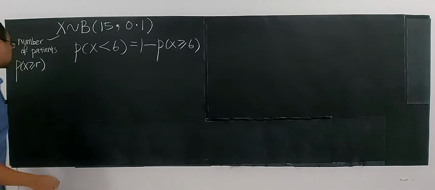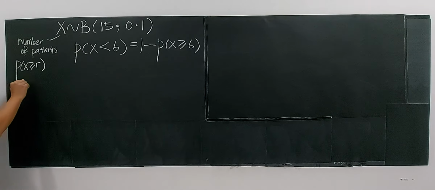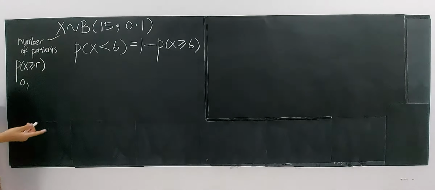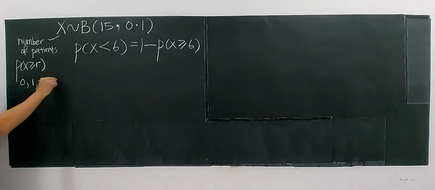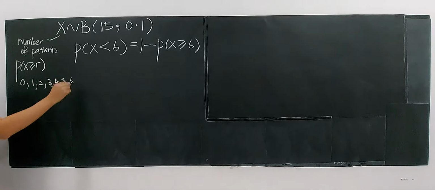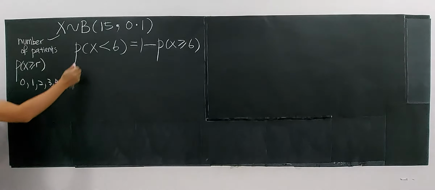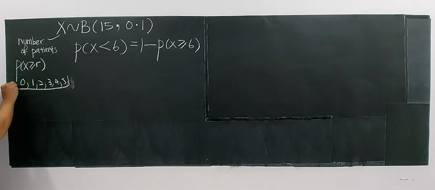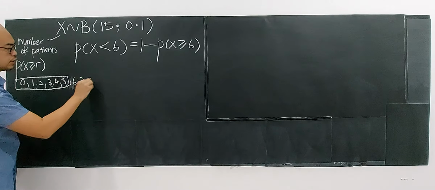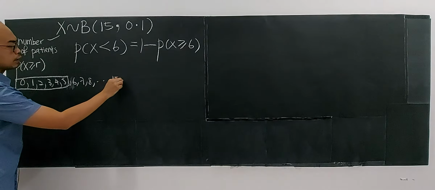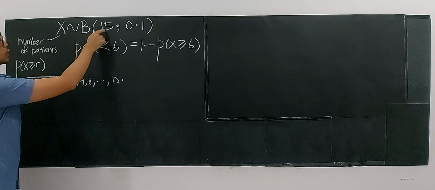Why is it so? Because less than 6 means 0, that is none of the patients suffer from dengue fever, then 1, 2, 3, 4, 5. No, it cannot include 6. That's why we just want 0 up to 5, not 6, 7, 8, up to 15, since the biggest value of n here is 15.